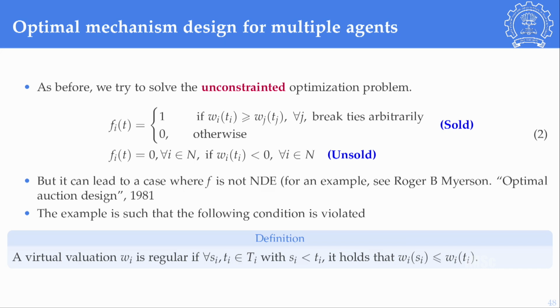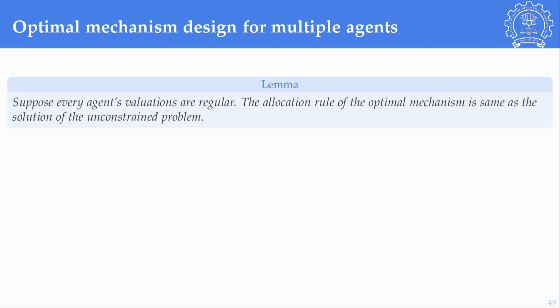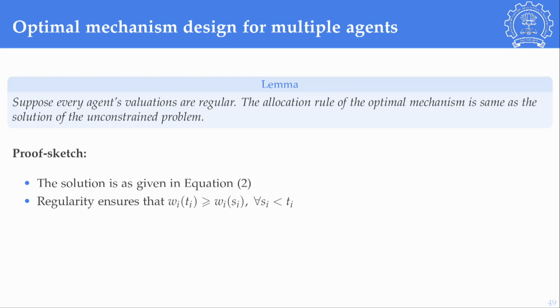If you happen to win the object, you will have to apply that payment formula, and then you get the point at which you win. So, what is the payment that should be made? This is only the allocation part. If everyone's valuations are regular, it is the same as the solution of the unconstrained problem. We are not going to prove that from scratch, because we have already proved it.